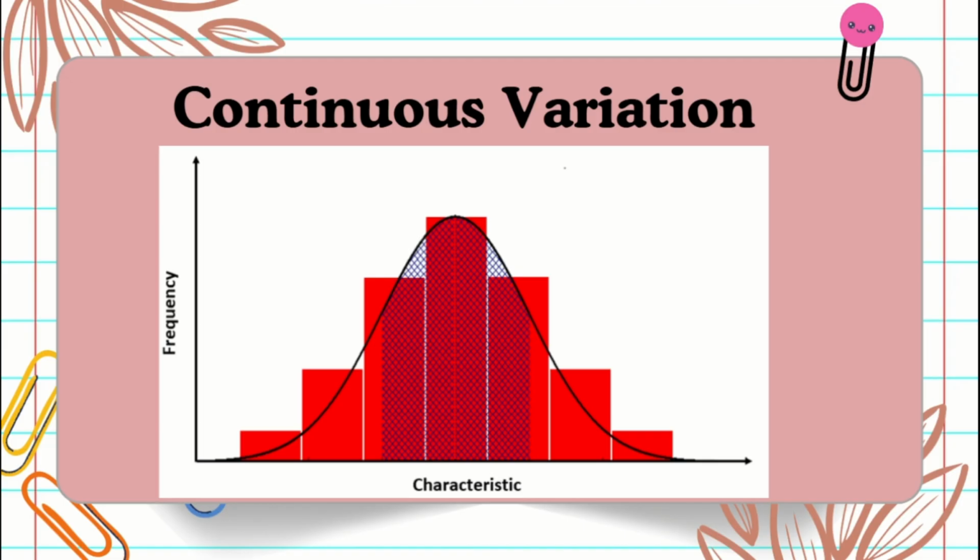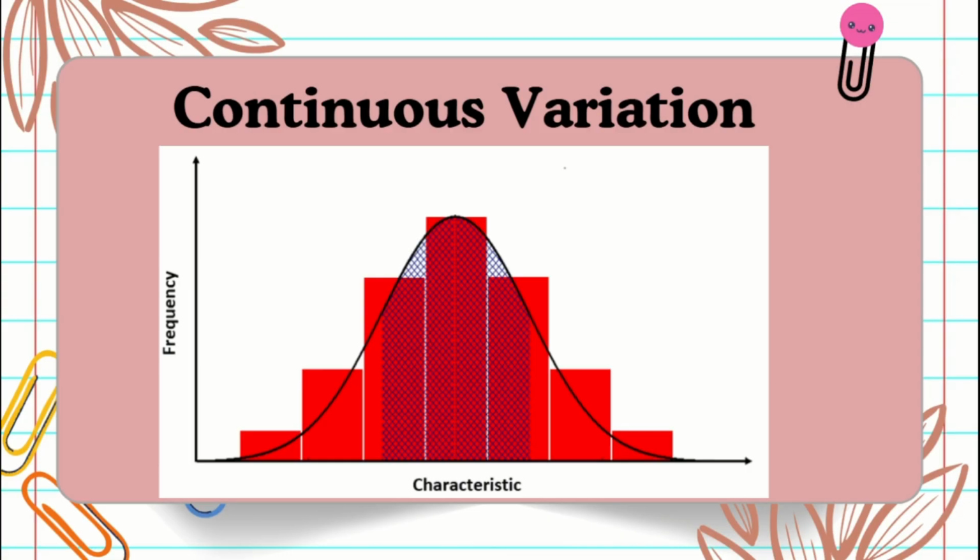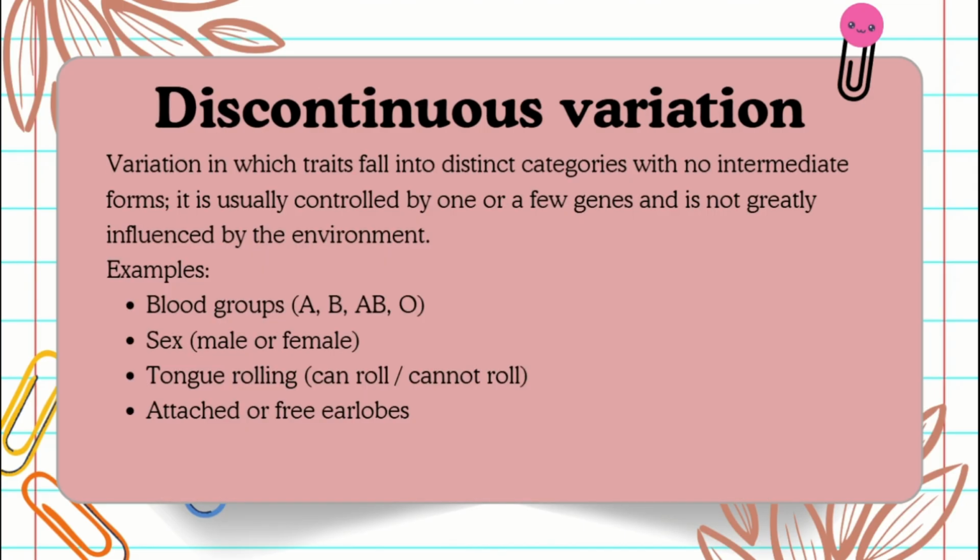If you look at this little chart, it's showing the gradual change. You can see that it starts off low, then goes up, then down again, and the prime example of this would be human height. It's a gradual change with no clear-cut categories.